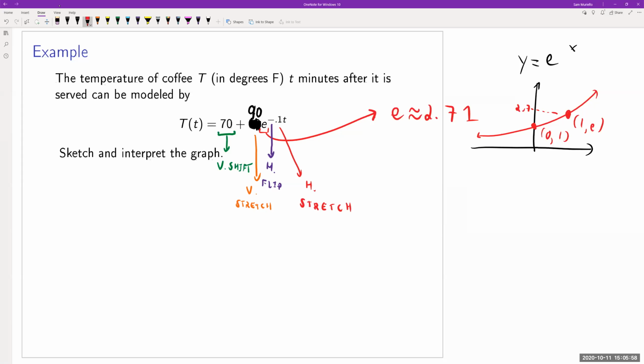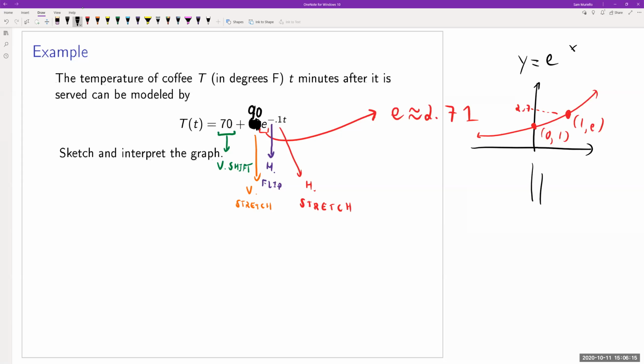So again, we will first apply any stretching and flipping, and then we will do the shift upwards. So this point (1, e) will be flipped and stretched horizontally and also stretched vertically.